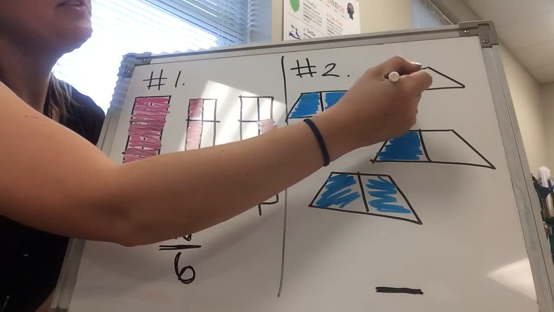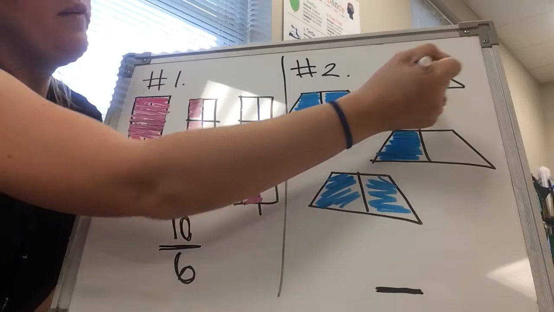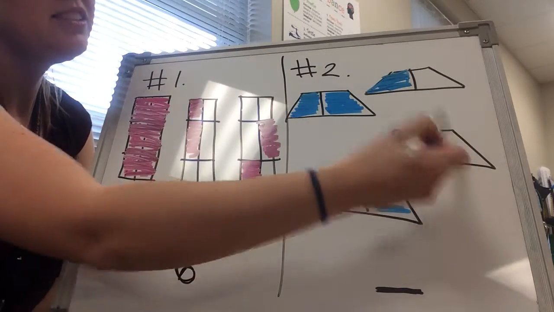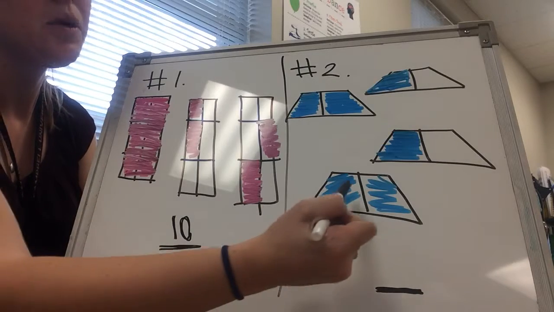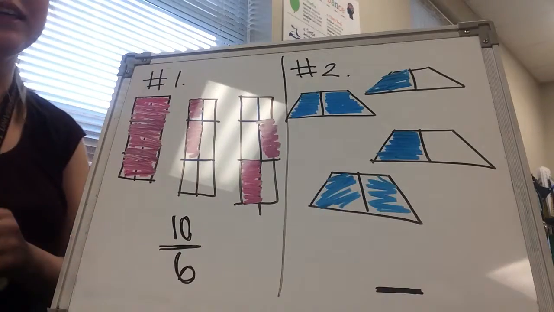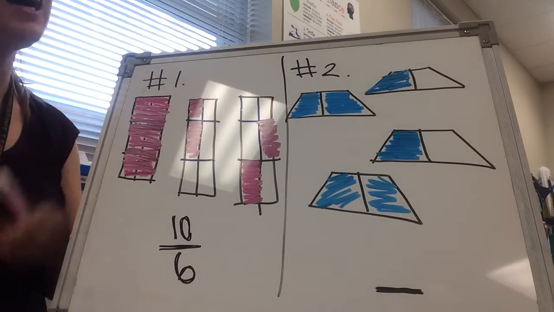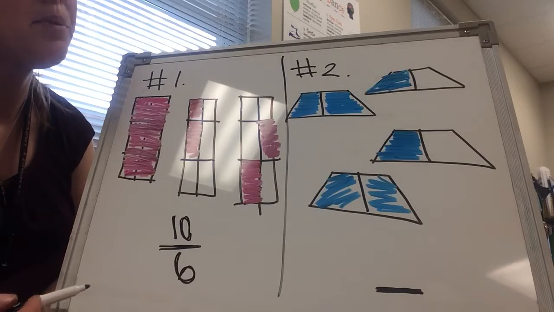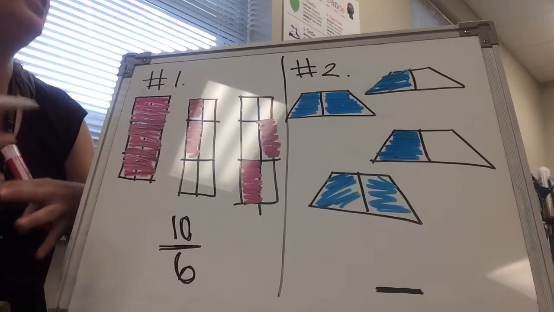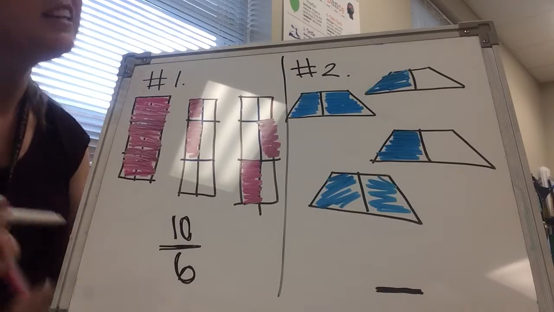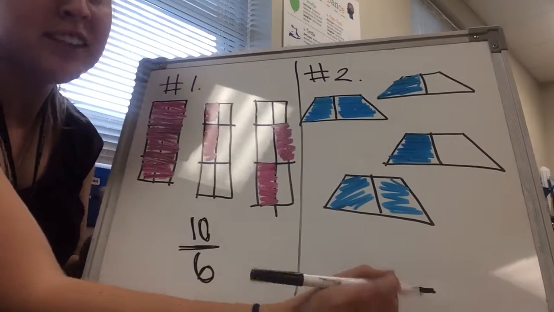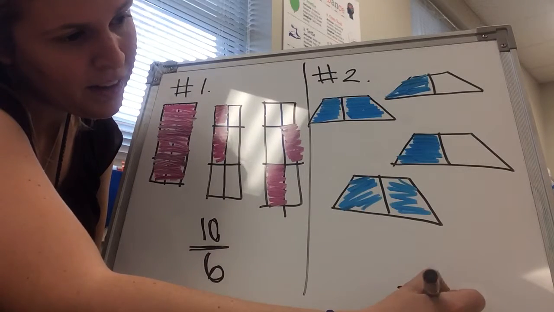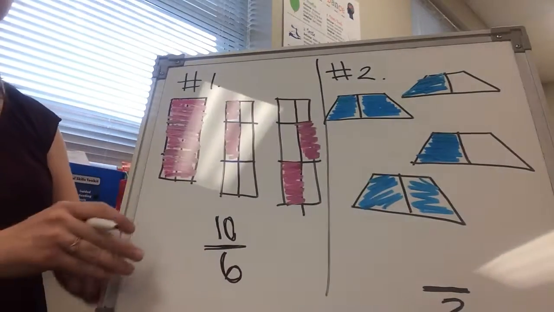Here's my second trapezoid. It's also broken into 1, 2 pieces. The third one is broken into 1, 2 pieces. The fourth one is broken into 1, 2 pieces. So my denominator, my bottom number, the total number of parts that the shape, or maybe the fruit, or the food, or the pizza, or the cake, or whatever is broken into, for this particular example, is 2. Everything's broken into 2 equal parts.